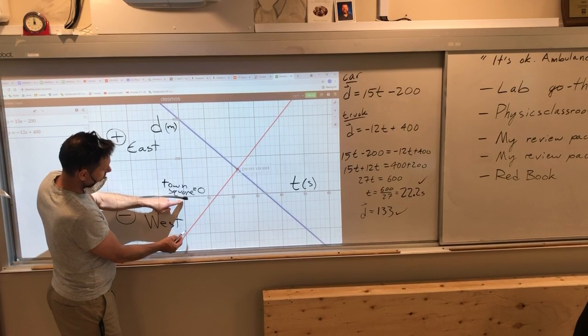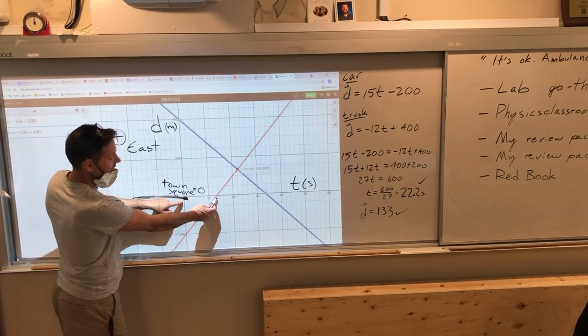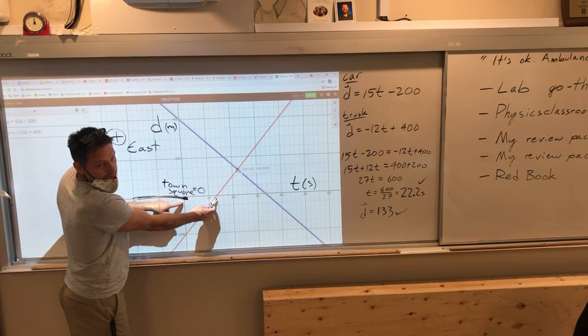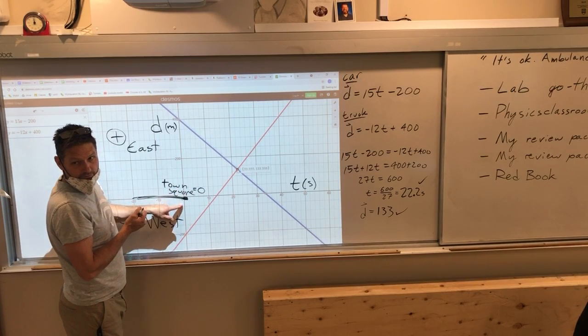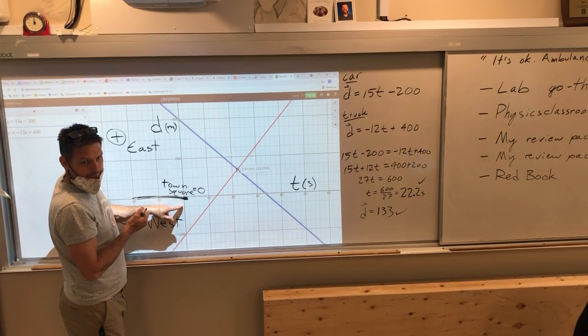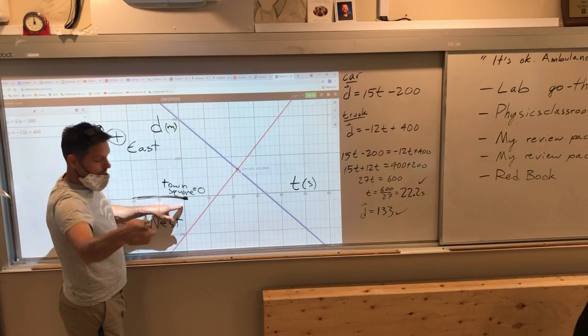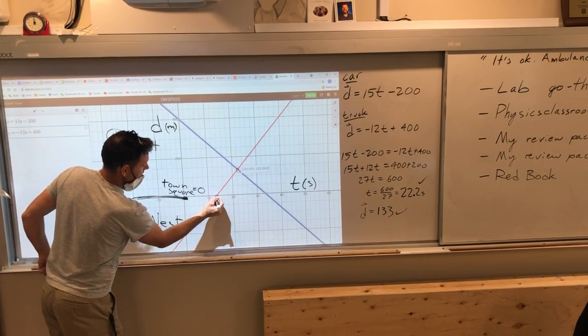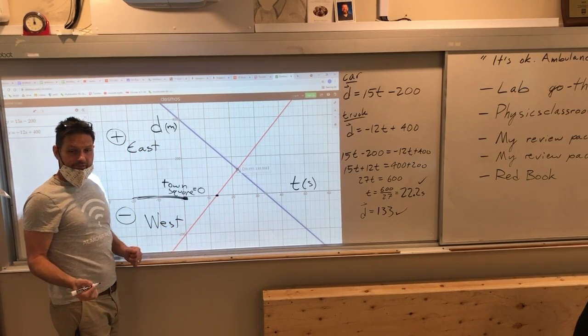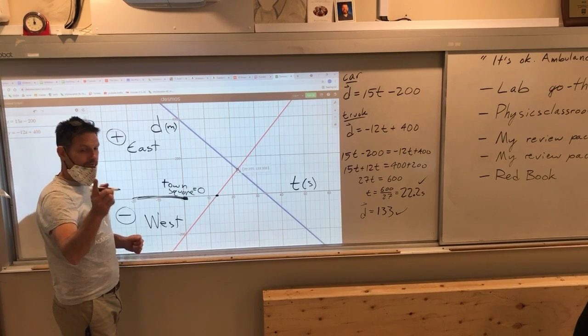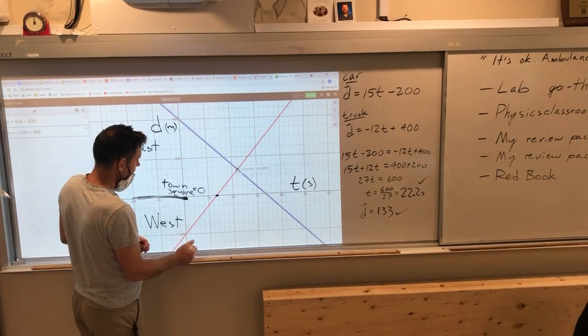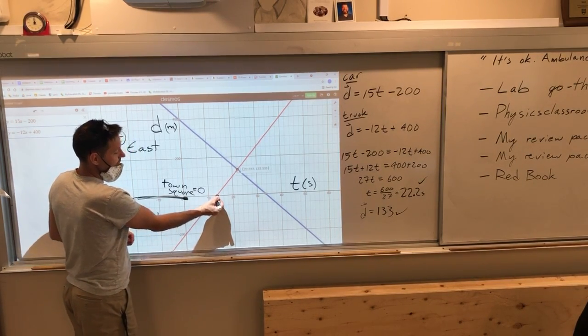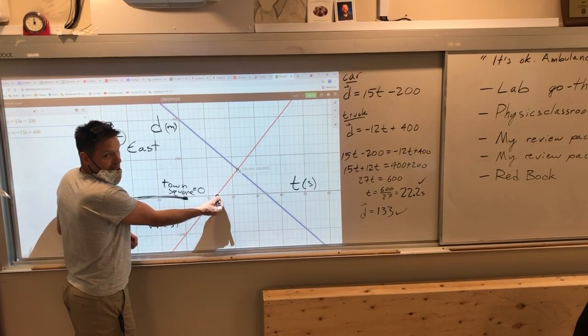Does this mean that the car drove past the town and never went through the town? What does it mean? What's this point signify right here? When they get to the town square, it's been however many seconds. Good.